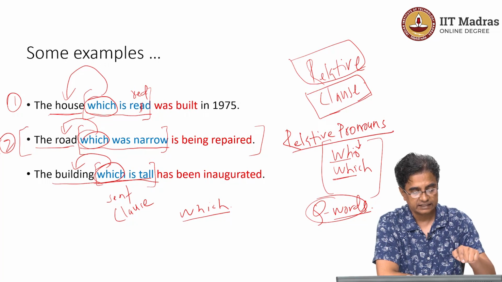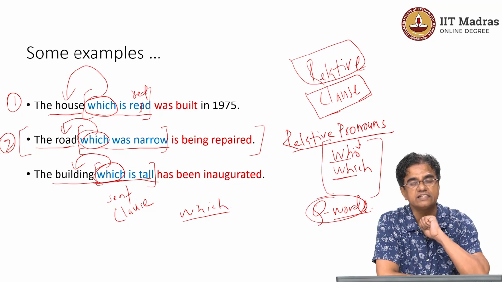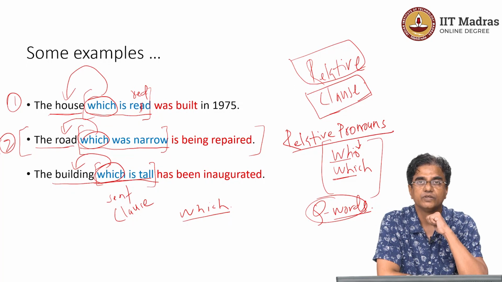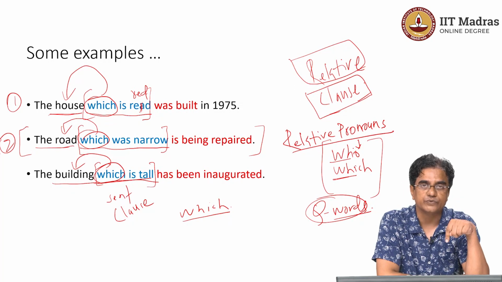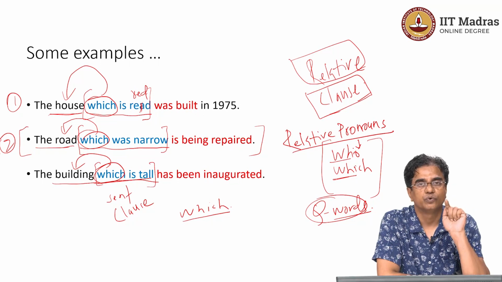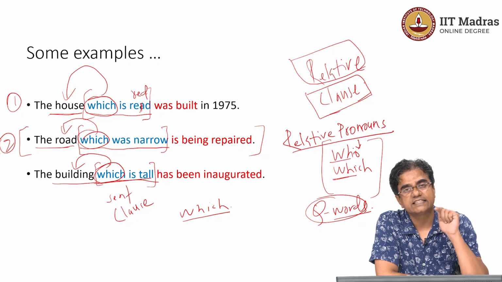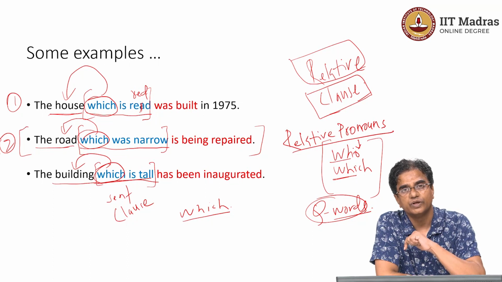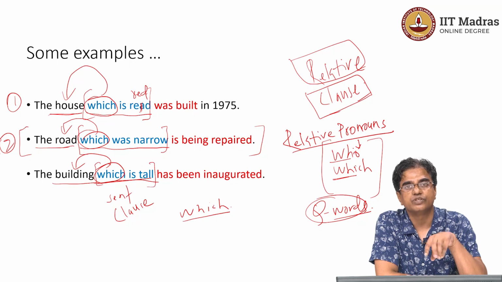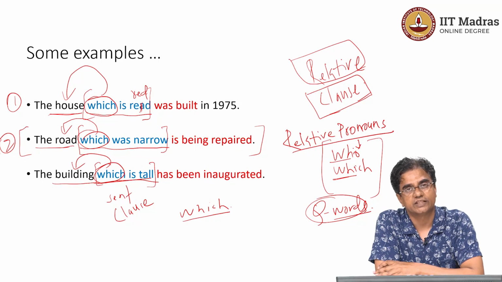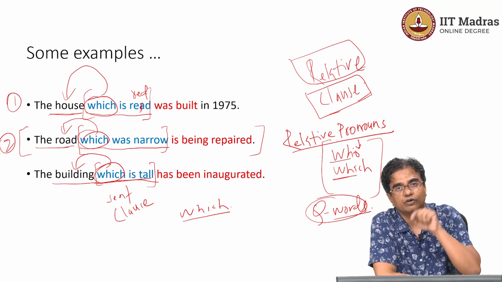We can say the house was built in 1975 and the house is red. So, we are replacing one house with this pronoun, which is a relative pronoun. And since it's a relative pronoun, this clause which begins with this pronoun is called a relative clause.